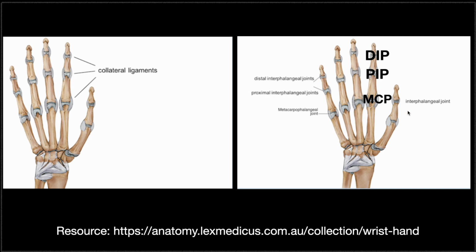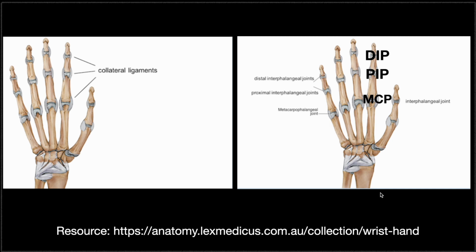So PIP is proximal or closest to our body, and DIP is farthest. When we talk about the thumb, we do not mention distal or proximal, just interphalangeal joints.